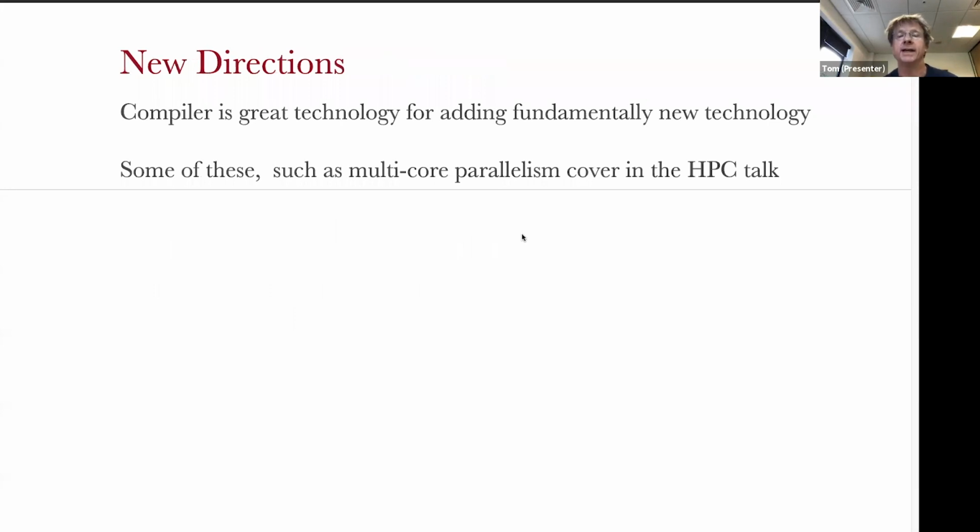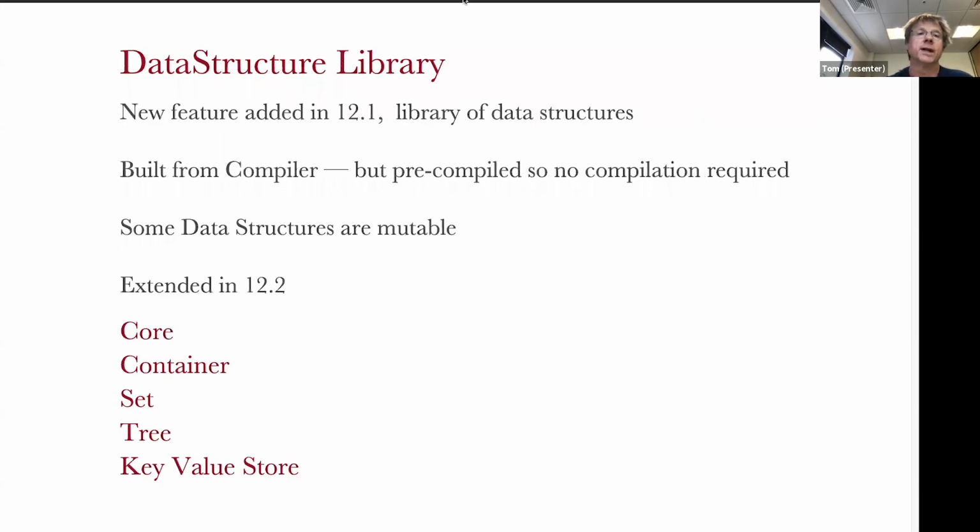The compiler is a great technology for adding fundamentally new technology to the Wolfram language. And some of these, such as the multi-core parallelism, I'll be talking about in the HPC talk that I'm doing later. Now, one new feature that we started in 12.1 and extended in 12.2 is a library of data structures.